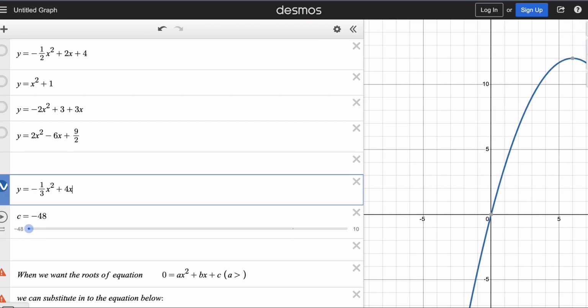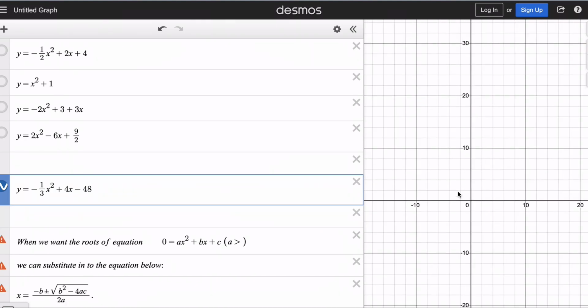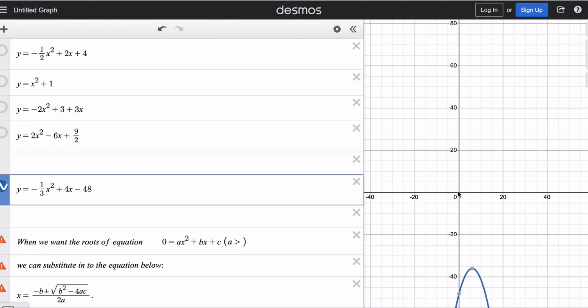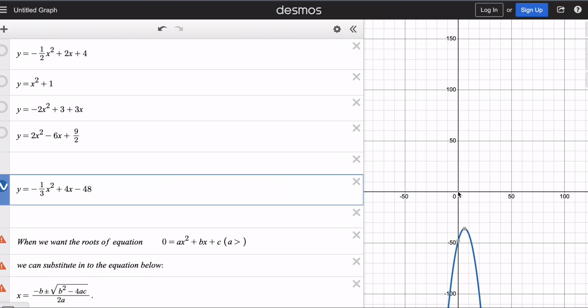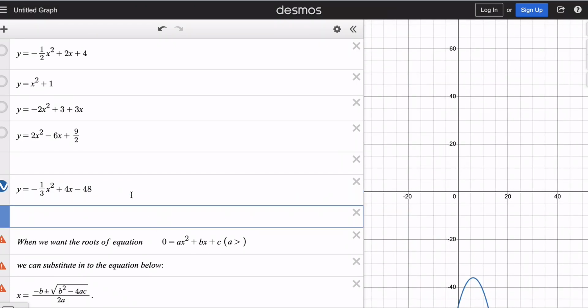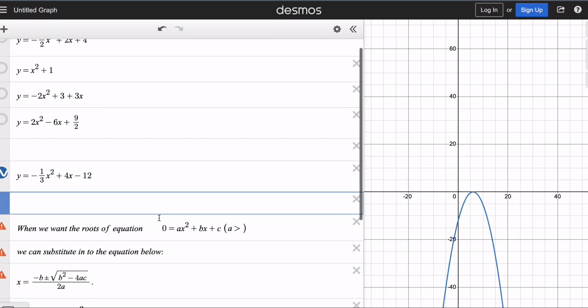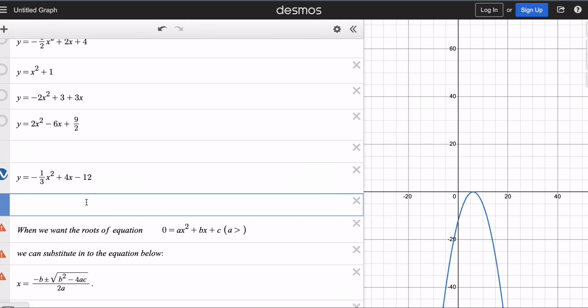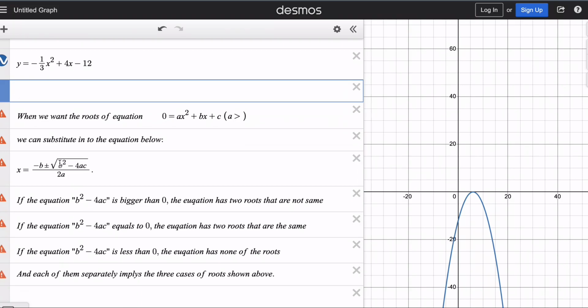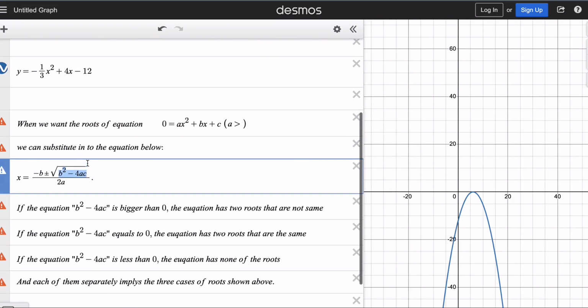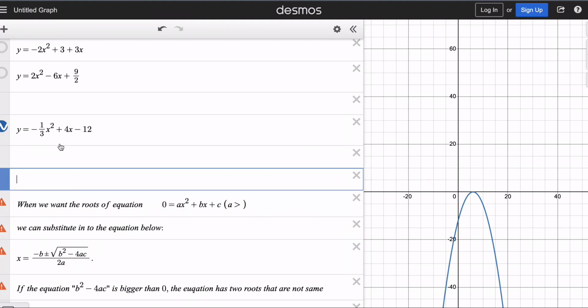Let's say it's negative 48. Wait, what happened? Oh, I forgot. It's not 48, it has to be 12, because I did something wrong. Here you can see that it's b squared minus 4ac.